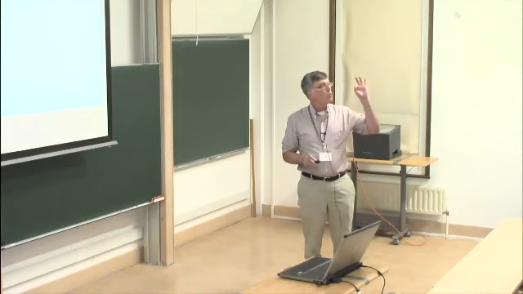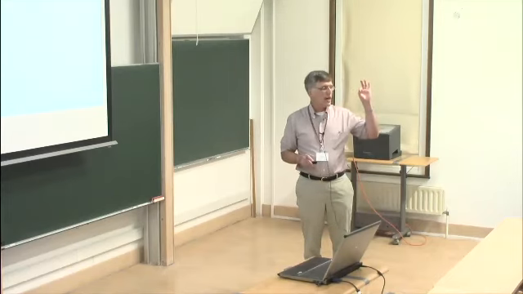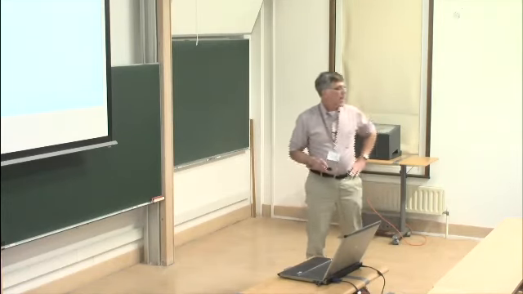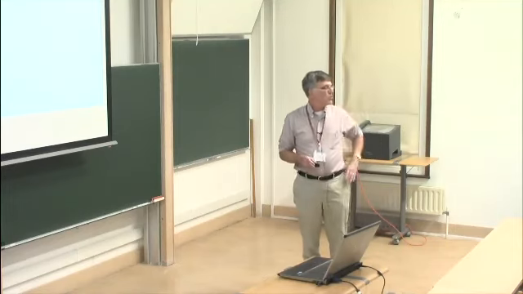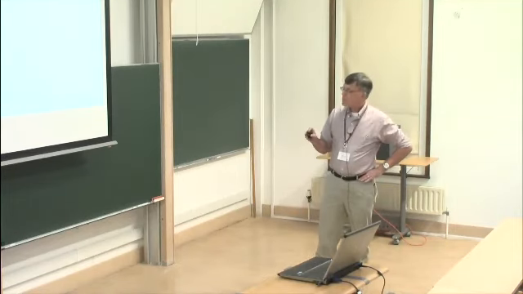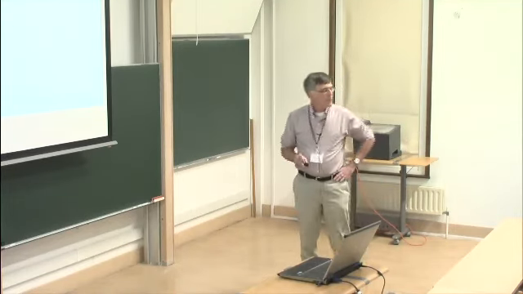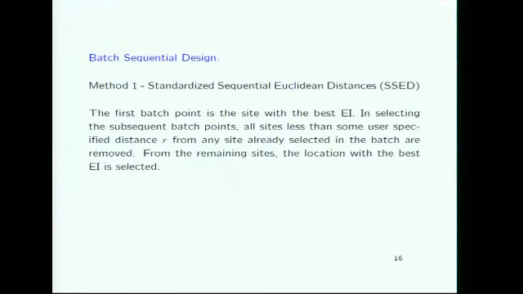So you're putting like a little ball or a little square around a point you've selected and say you can't take anything inside that. And Alex, I think, had something like that to try to avoid replication at points where the simulator just failed. So that's one thing. Okay, so that forces you away from a point you've already observed, spread things out a little bit. So that's one possibility.